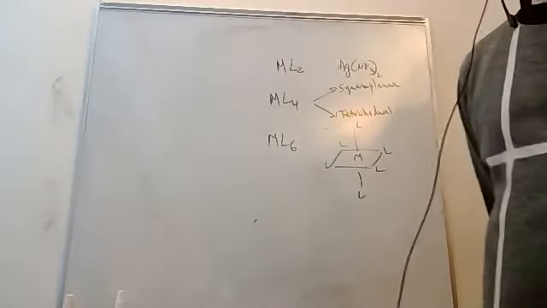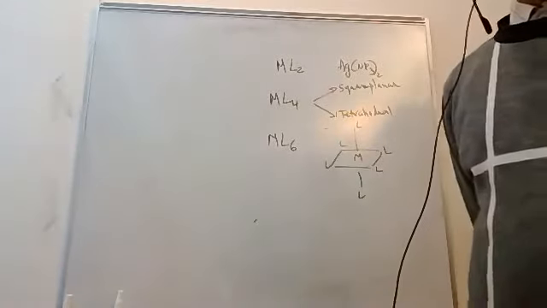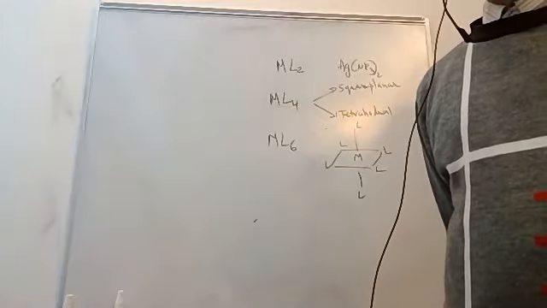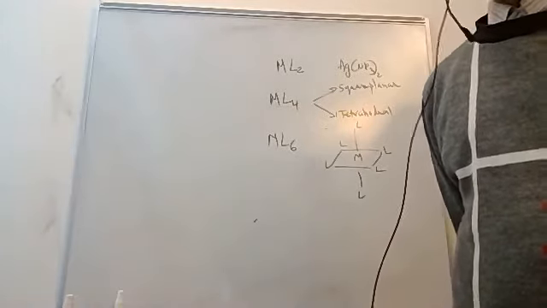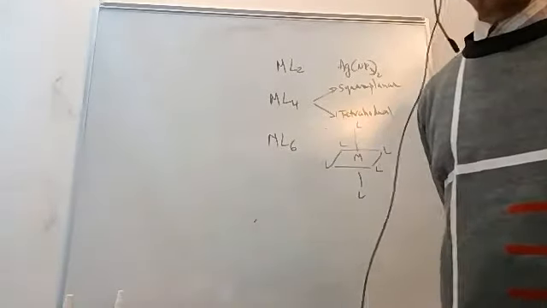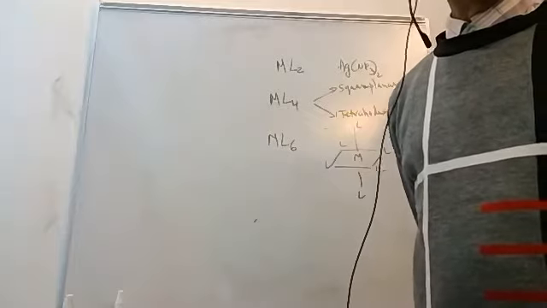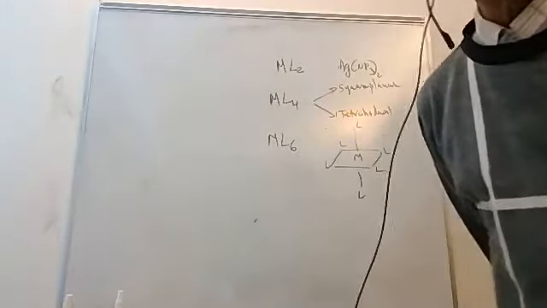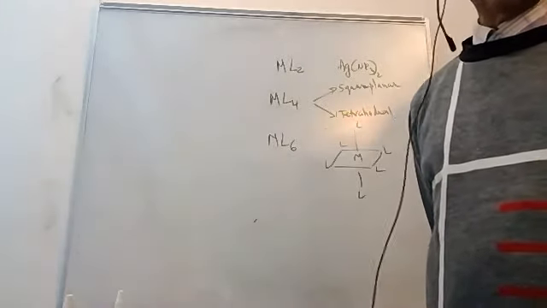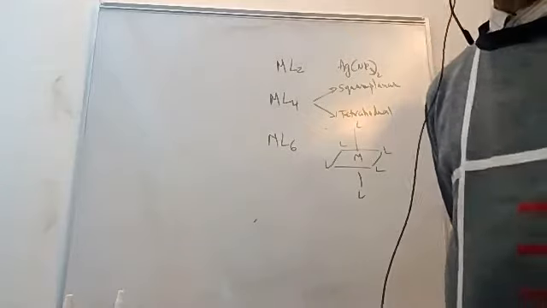Again, please keep in mind that it is not necessary that all ligands will be the same. Sometimes you can have 2 of one kind, 2 of another kind, and 2 of another kind. So for example, you can have a platinum, 2 chlorines, 2 bromines, and 2 iodines. That is also a complex, still octahedral. It may not be a perfect octahedron, but still we can define that as an octahedral geometry.